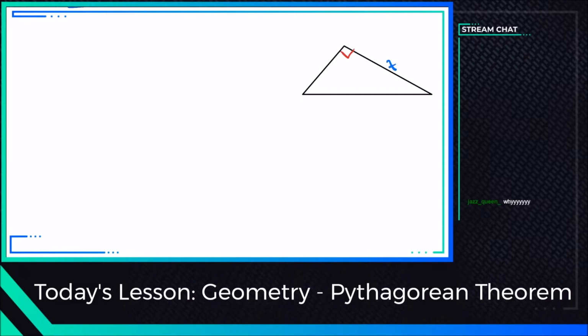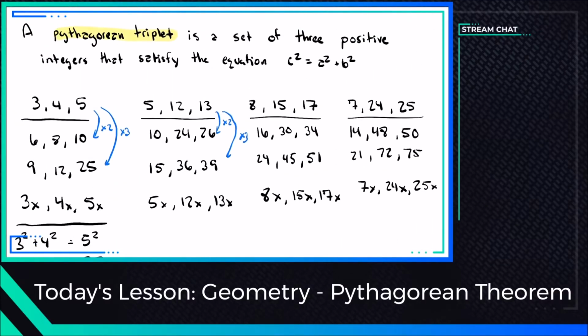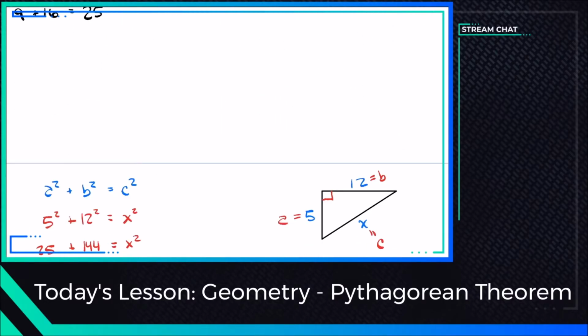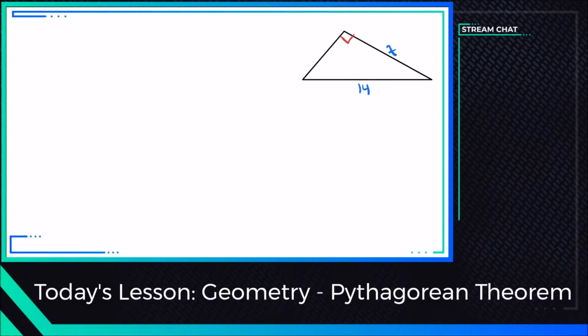And so the hypotenuse, our longest side, also across from the right angle, is going to be equal to 14. And real quick, if we look at our Pythagorean triplets, there's not a single one here that has a hypotenuse equal to 14. So we know we're going to be working with some different numbers here. The short leg here is going to be equal to 7. So we have 7, x, and 14.